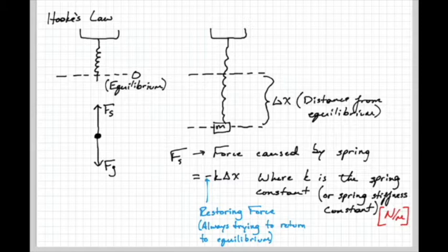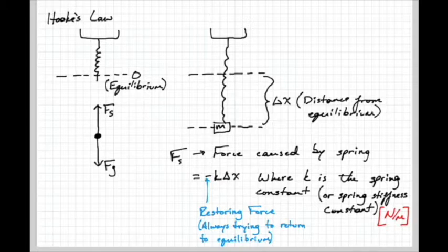Okay, so if you think about it, the box is being pulled downward by gravity, right? So the displacement from equilibrium, delta x, is actually a negative number. It's going down. So if I do negative k times a negative number, the overall spring force is positive, upwards, right? If I were to take that box and put my hand under the box and push it up past equilibrium, then the spring is trying to push down to get back to equilibrium, right?